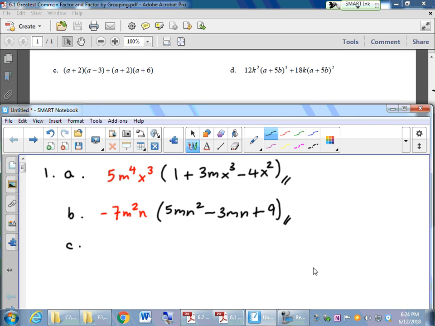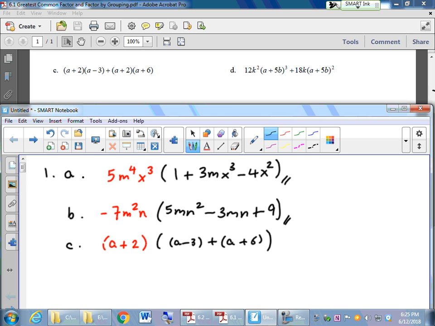From here, I can see that a plus 2 is a common factor. So factor out the greatest common factor, a plus 2. The leftover from the first term is a minus 3, plus the leftover from the second term, a plus 6.